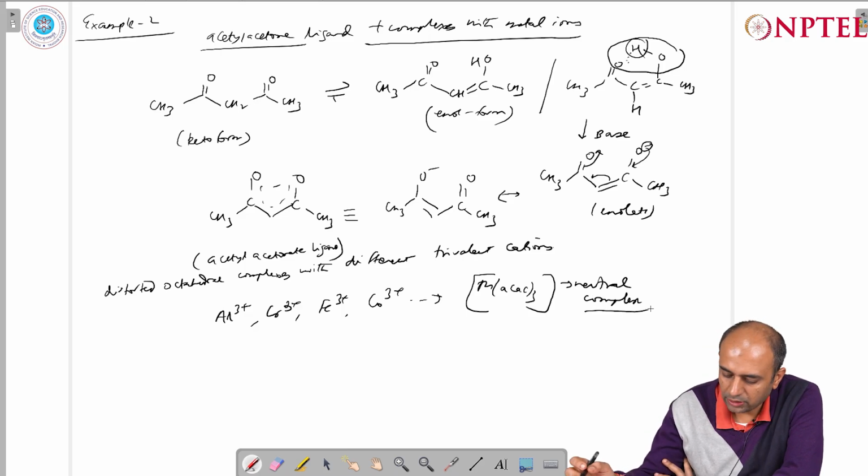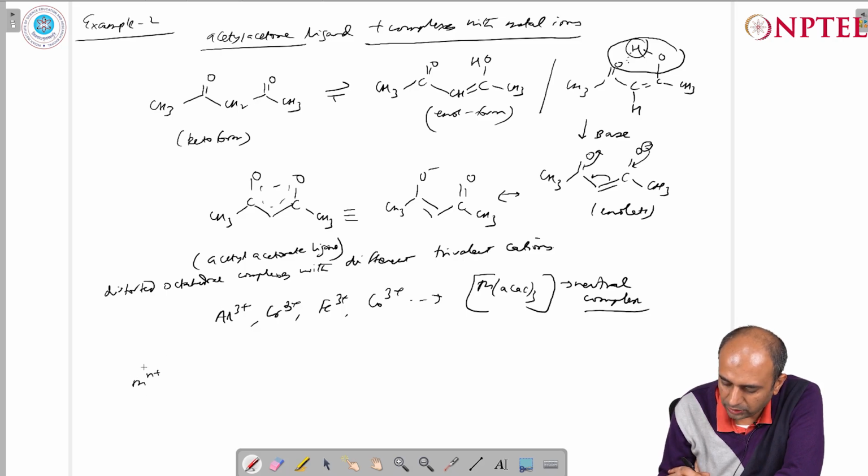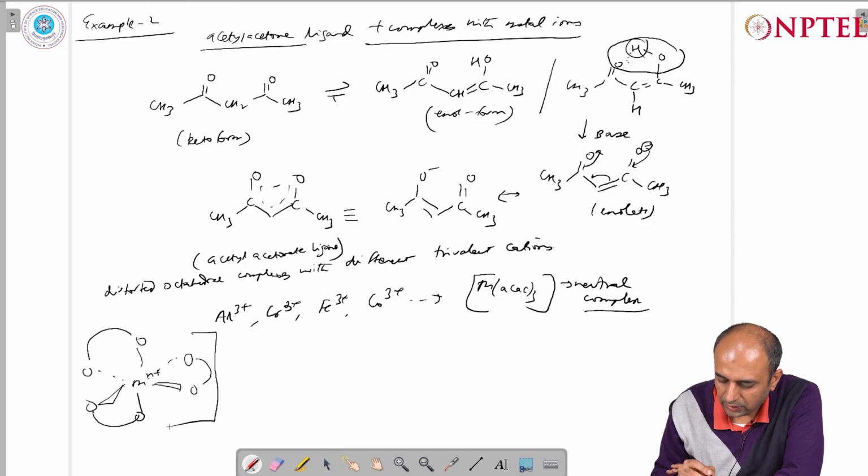Again, if you were to see the structure of the complex, it will be seen that the metal ion in the 3 plus oxidation state forms this kind of very stable complexes, where the charge as well as the coordination is satisfied by the hard donor atoms oxygen, and you can see that every ligand forms a cyclic loop.